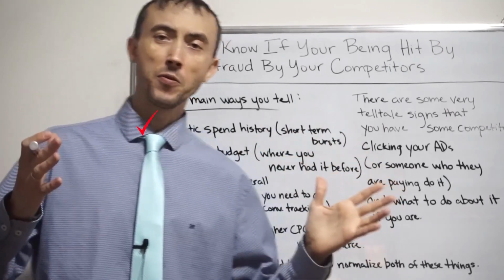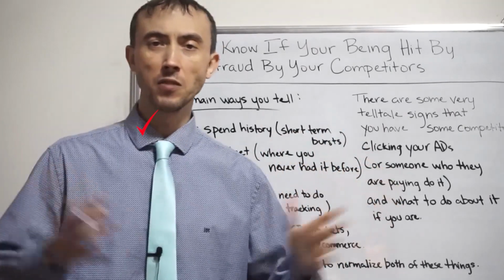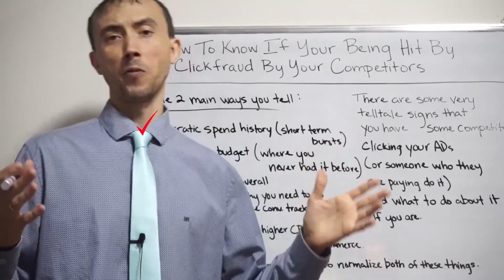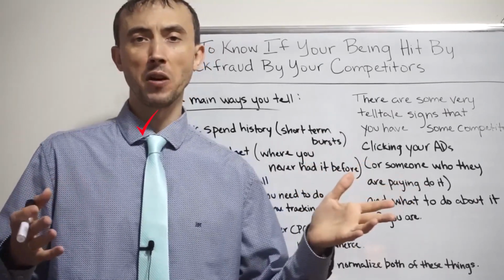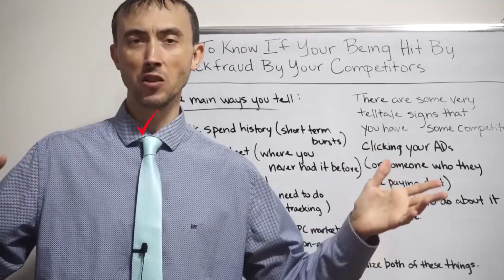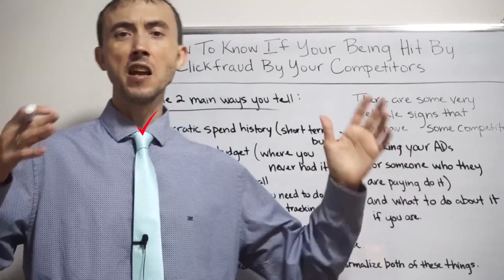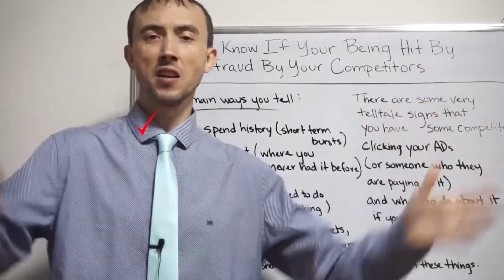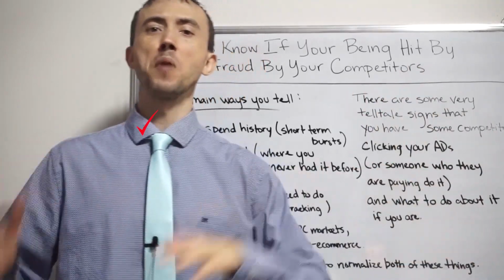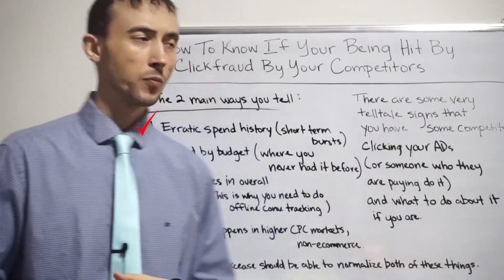and by the way, this video is strictly about Google Ads, of course. Click fraud on Facebook and other ad networks happens so little, it's really not an issue. Click fraud is 99% an issue on Google Ads, and also Bing Ads, if you want to throw that in there.